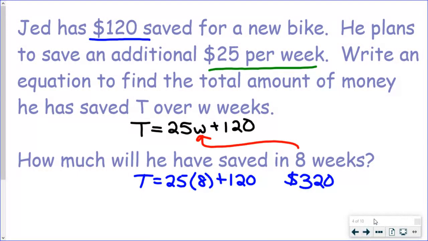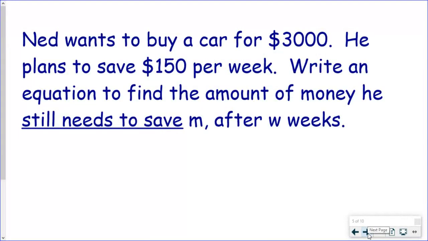Okay, let's see how you're doing. If you have questions, make sure you reach out to me sometime. Okay, Ned wants to buy a car for $3,000. He plans to save $150 per week. I'm going to underline that in green.